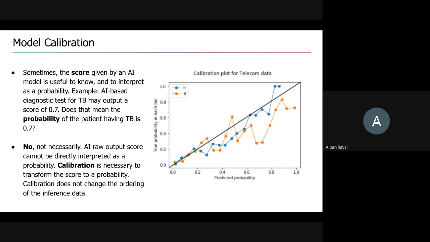The way you ensure it is with an additional modeling process where you enforce this on the training data: if you have a certain score, then that score maps to the probability. So this is an additional learning process for the AI, the calibration process, but it's much simpler than the process that led to the risk score in the first place. This process is called model calibration, and its use is to convert these AI outputs to probabilities. Okay.